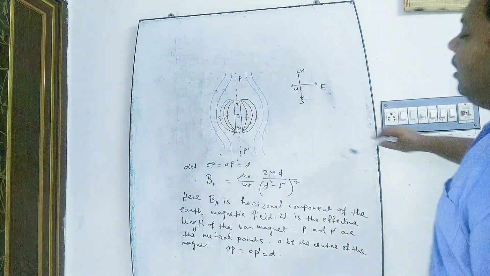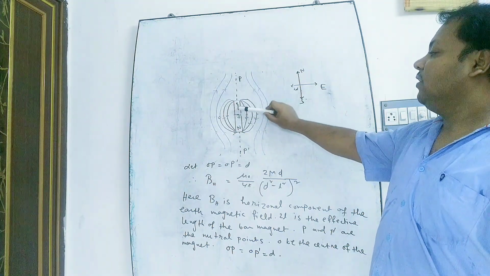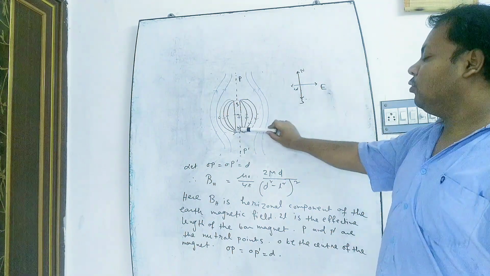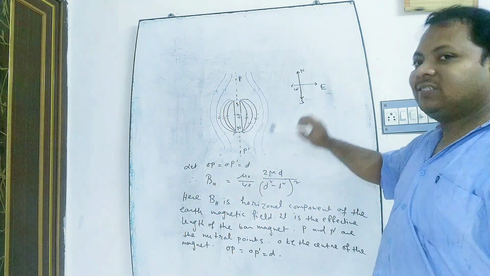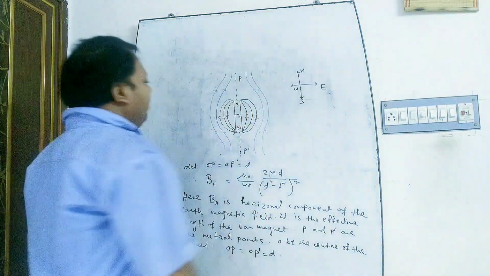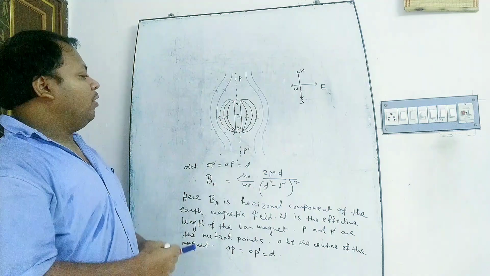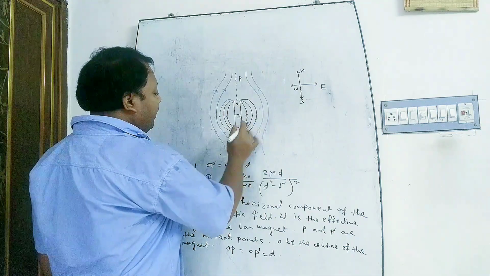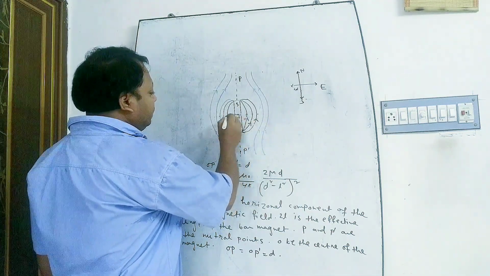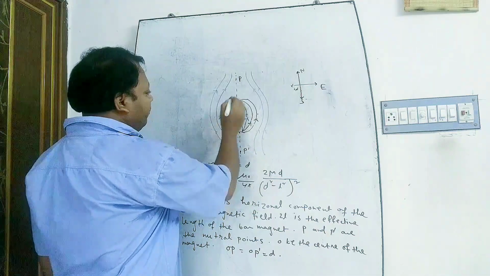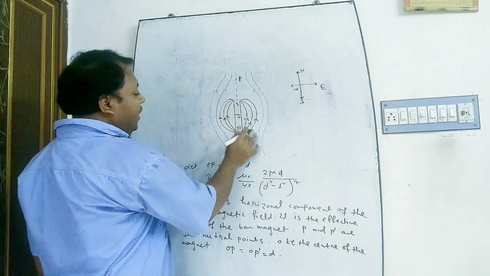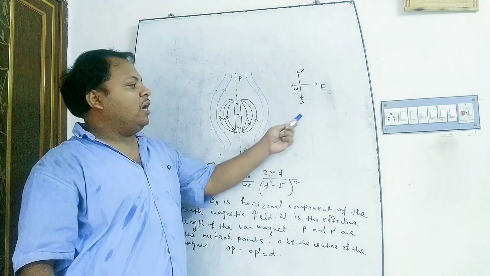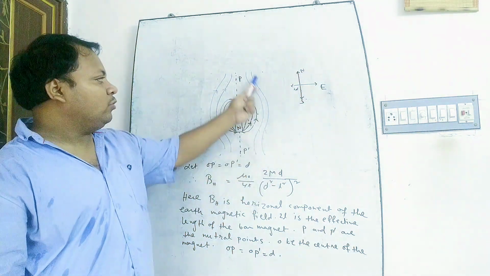If we place a bar magnet such that the south pole of the bar magnet directs towards the north, and the north pole directs towards the south on the earth's surface, then the magnetic lines of force from the bar magnet start from the north and end at the south, and the magnetic lines of force of the earth's magnetism start from the south and end at the north.